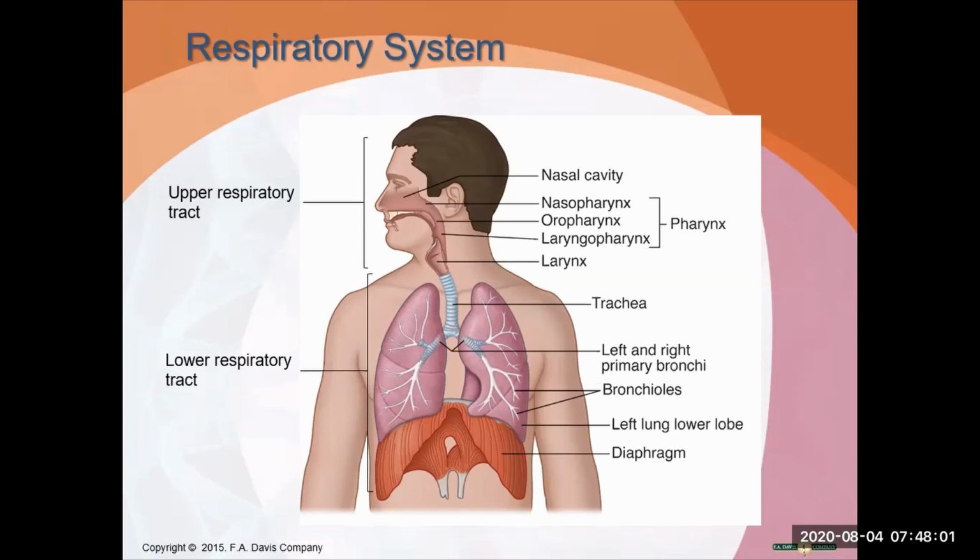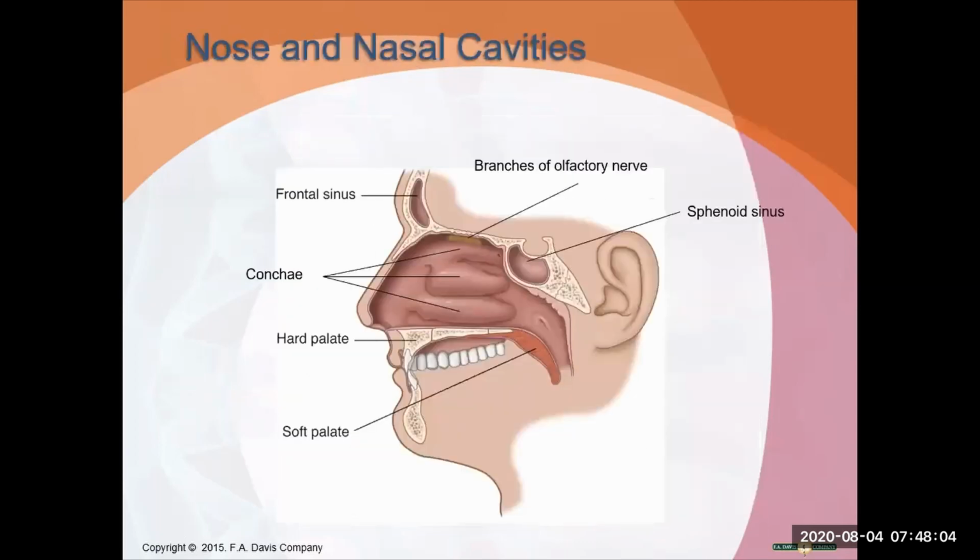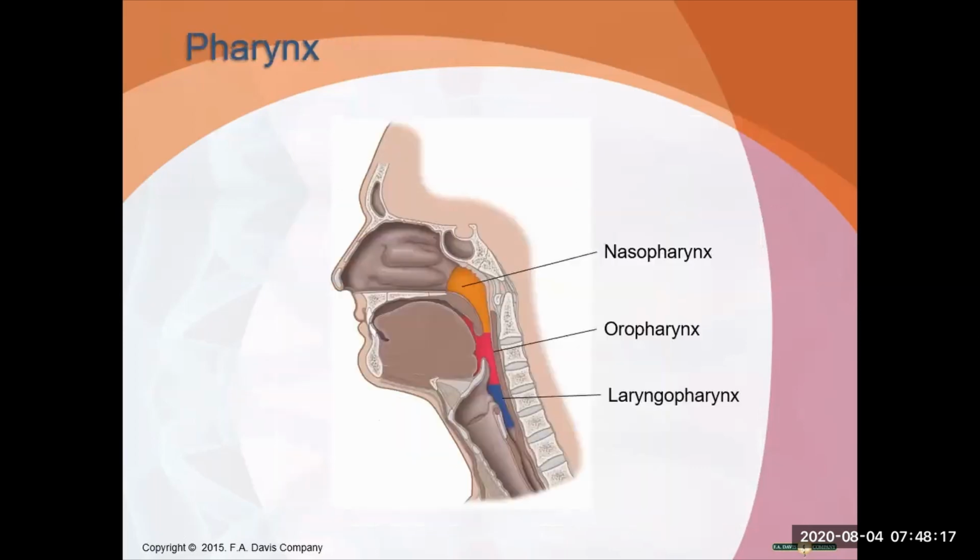Pharynx. Just behind the nasal and oral cavities is a muscular tube called the pharynx. Commonly called the throat, the pharynx can be divided into three regions, shown here. The nasopharynx extends from the posterior nares to the soft palate. It contains openings for the right and left auditory eustachian tubes for hearing. The oropharynx is a space between the soft palate and the base of the tongue.